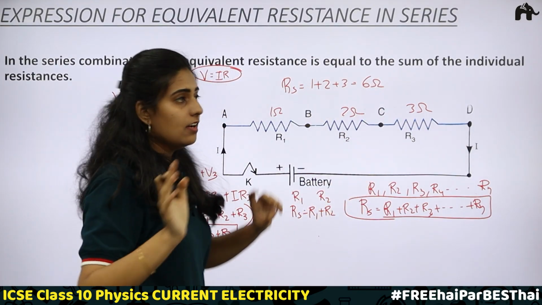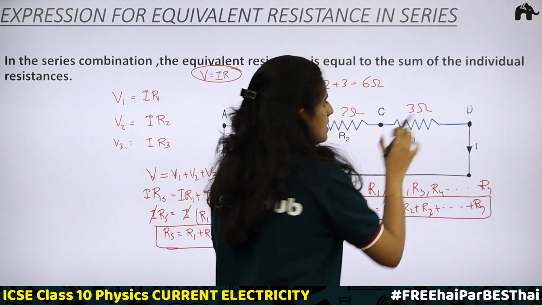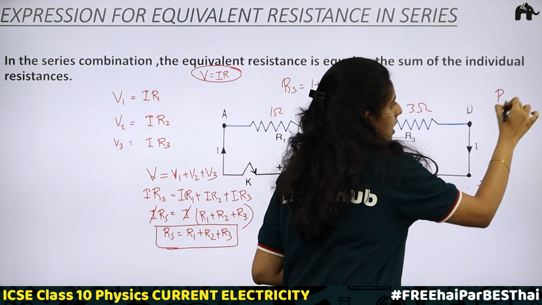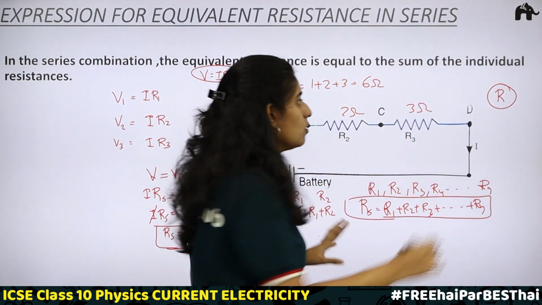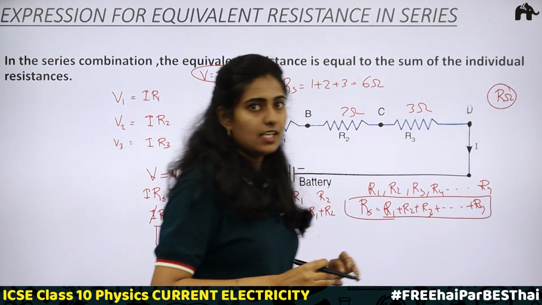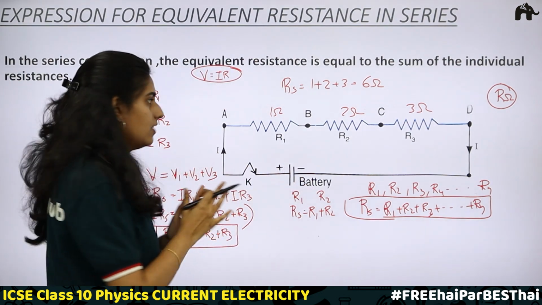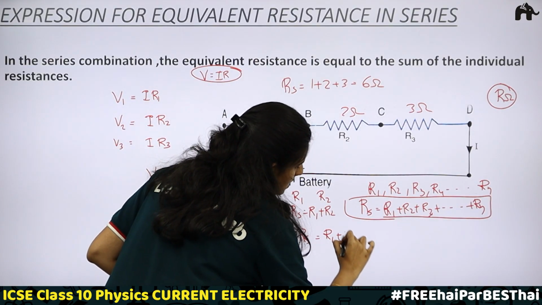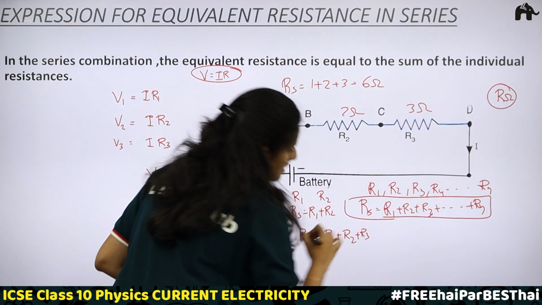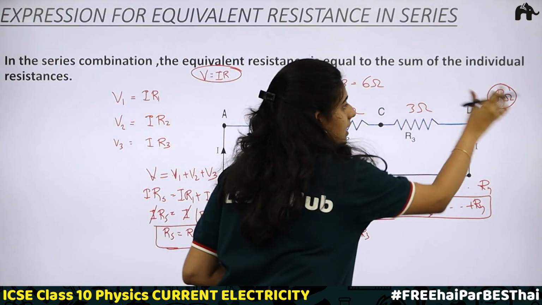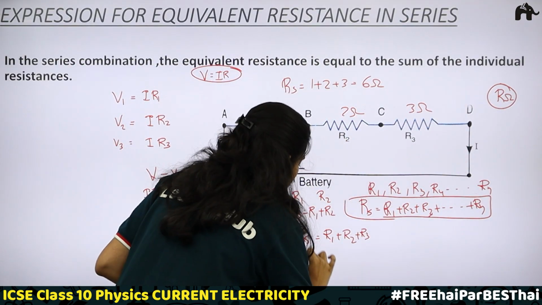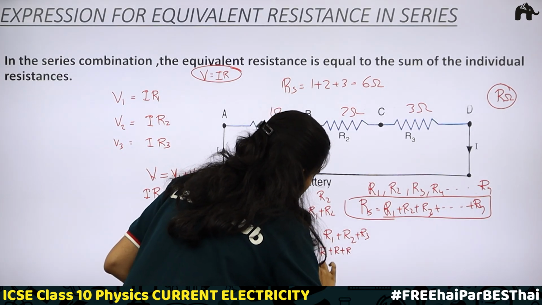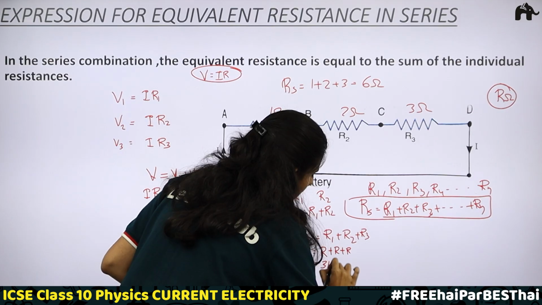Very easy, right? Now consider a case where three resistors of equal resistance value are taken, let's say of value R ohm. In that case, it is very easy to find the effective resistance. If R1, R2 and R3 are the three resistors, and all three have the same value, then Rs will be equal to R plus R plus R, which means Rs is equal to 3R.